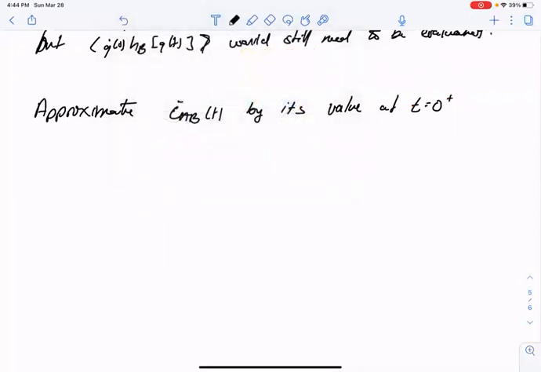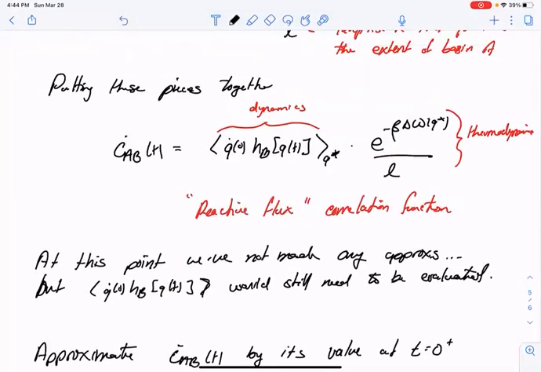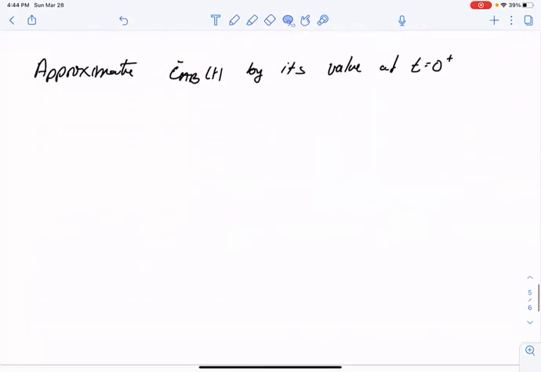The only time dependence is in that correlation function. If we evaluate this at time 0 plus, what happens? What sense can we make of it?